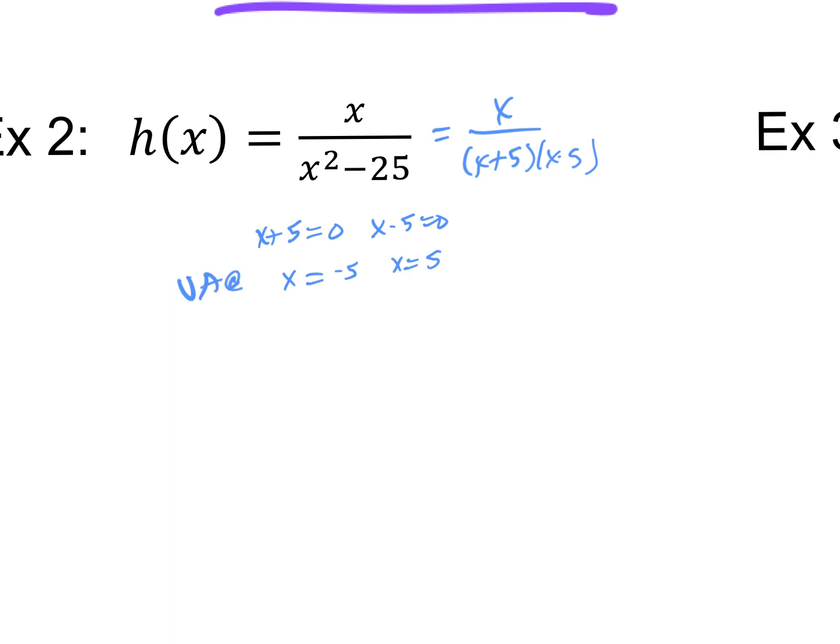So for our domain, we would say that our domain is from negative infinity to negative 5, from negative 5 to 5, and then from 5 up to positive infinity. So that's how we would state the domain. If I asked you to just state restrictions, then we are going to say that x cannot be equal to positive or negative 5.